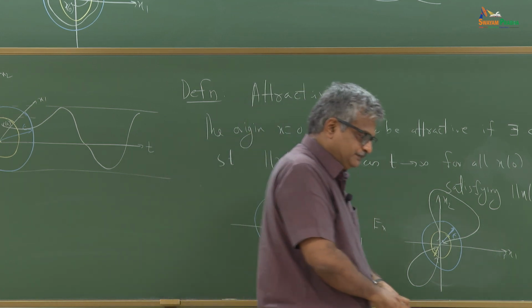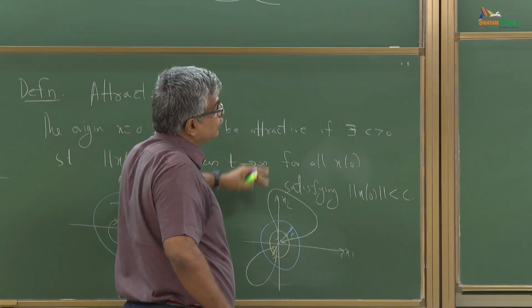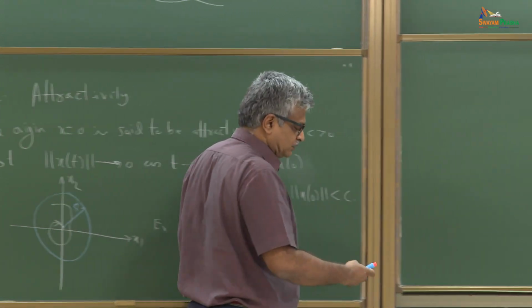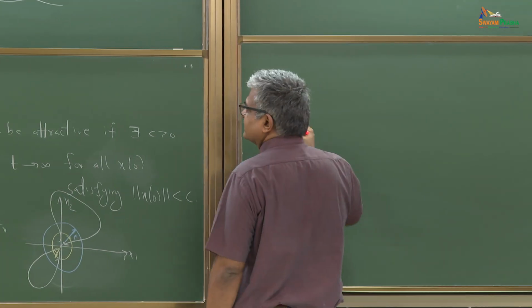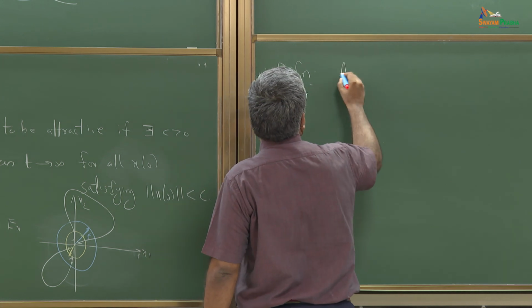But then I can use this definition plus that definition to have something nice, which is much stronger. And that is what we have as asymptotic stability.